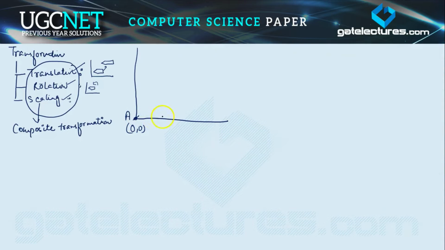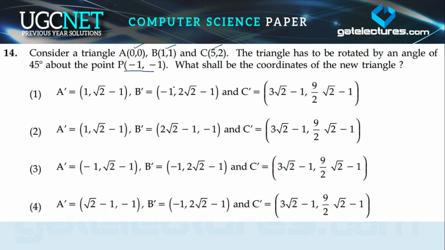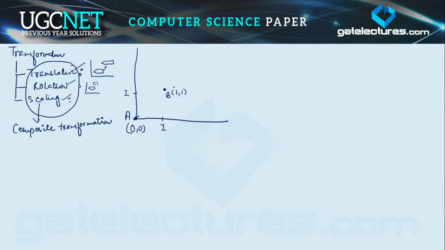Let's suppose this is 0 and this is 1 and this is also 1. So this is the B point, where X is 1 and Y axis is also 1.